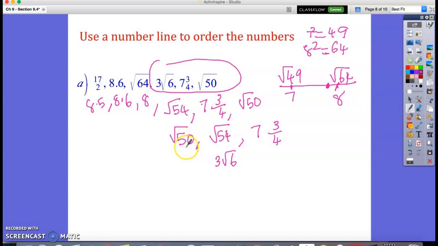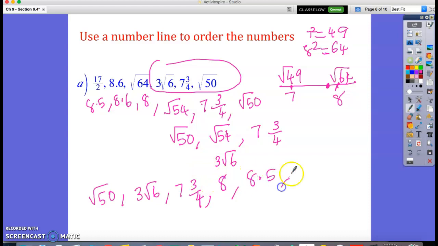Square root of 50, right? So square root of 50 comes first, then we have 3 square root of 6, then we have 7 and 3/4, and it's easy, right? Then the next 8, and you get 8.5 and 8.6.